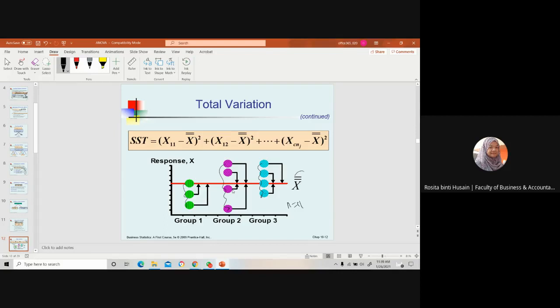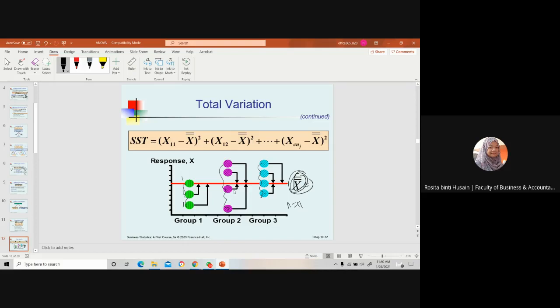And then you calculate the grand mean. Grand mean means you sum the values for group 1, item 1, item 2, item 3, plus group 2, item 1, item 2, item 3 and so on, until the last item in group 3. You add everything and then you find the mean. That is called the grand mean.